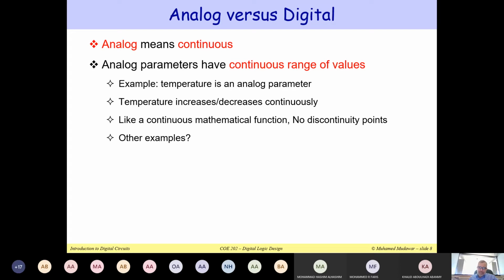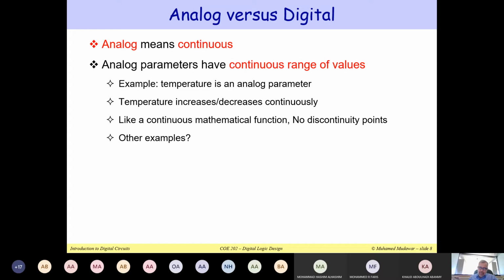For example, if the temperature outside now is 40 degrees and it wants to go up to 41 degrees, it's going to go continuously. It does not really jump from 40 to 41 suddenly. It goes from 40 to 41 continuously, right?